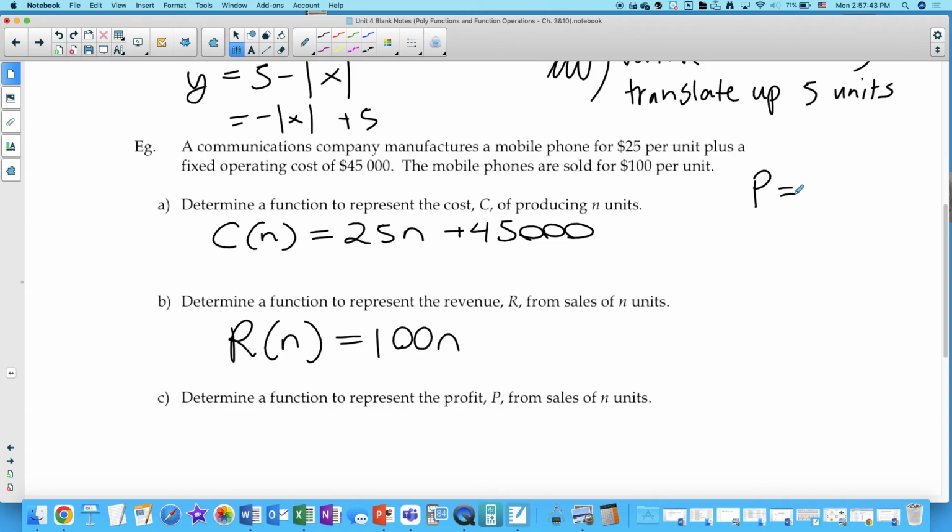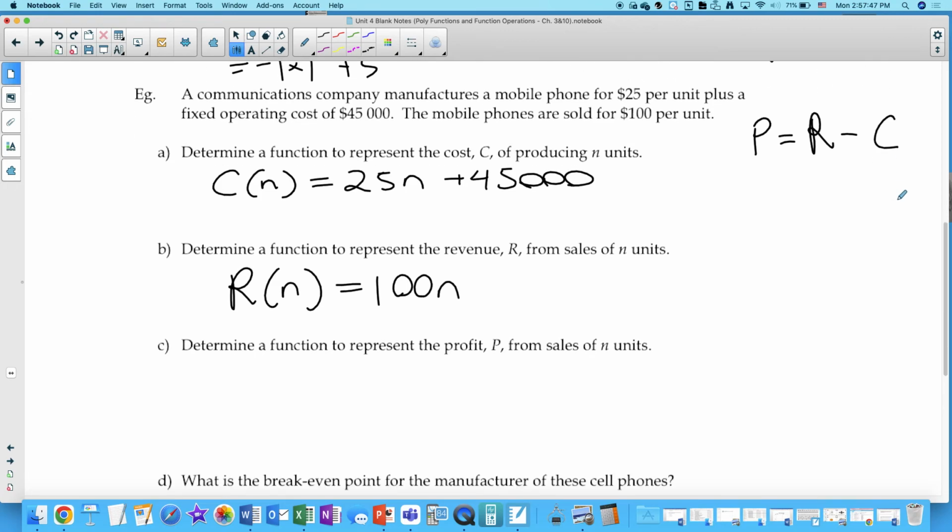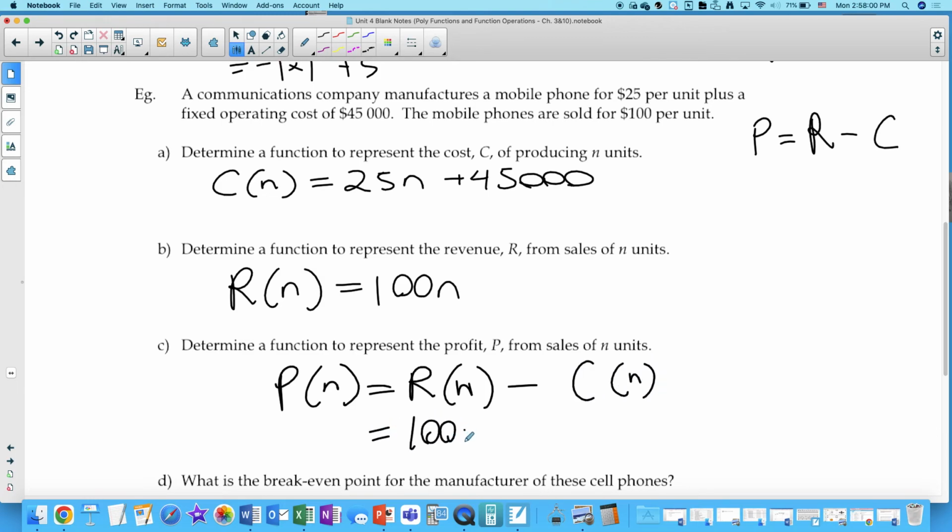So P of n is R of n minus C of n, which is 100n minus (25n plus 45,000). So that is, I'll just write it up here, 75n minus 45,000.